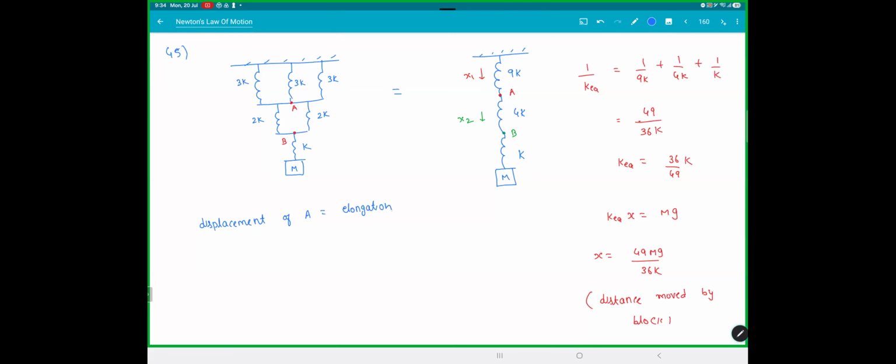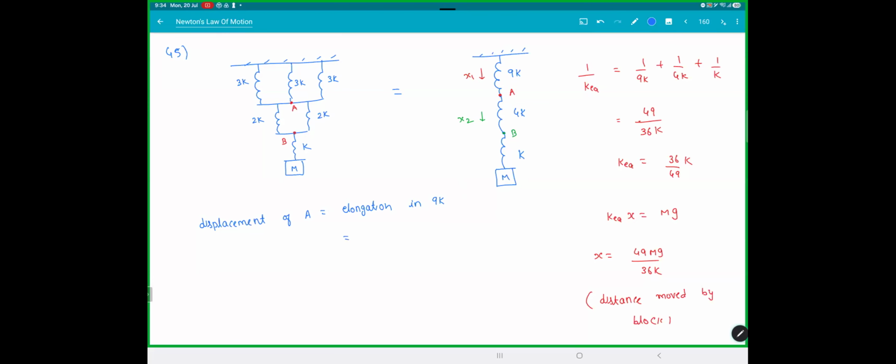Whatever elongation happens in 9K, that is only responsible for A to come down. No matter how much these others stretch, A will never get affected.